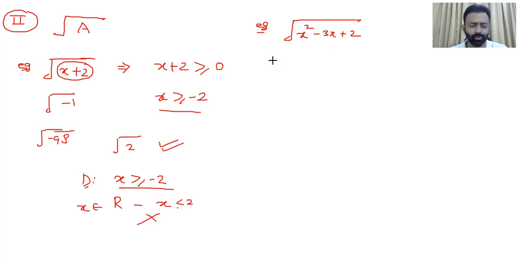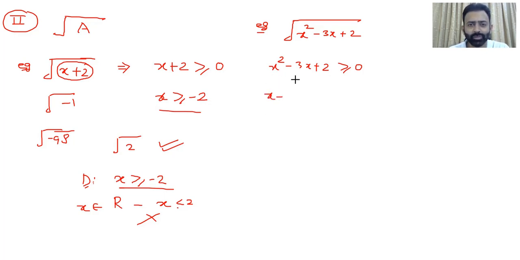There are only two concepts: the expression inside the square root must be greater than or equal to 0, and the denominator should not be equal to 0. So we have a square root, that means x square minus 3x plus 2 must be greater than or equal to 0.